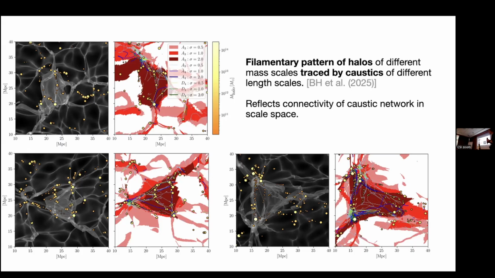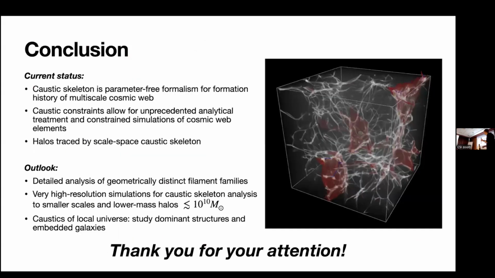This mass dependence of halos on cosmic web environments is not completely unknown in the literature, but has been explored before. However, for the first time now with the caustic skeleton, we can give a theoretical foundation for why we observe this filamentary halo pattern, and how it is that the smaller-scale halos are found within larger-scale walls, for example.